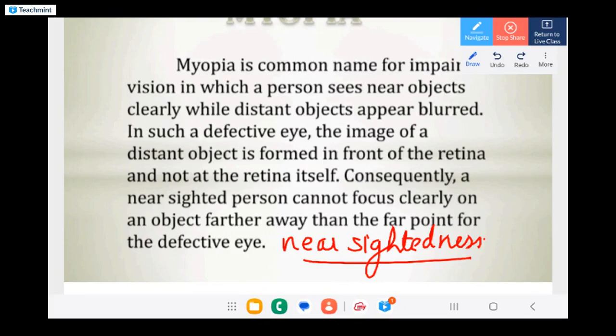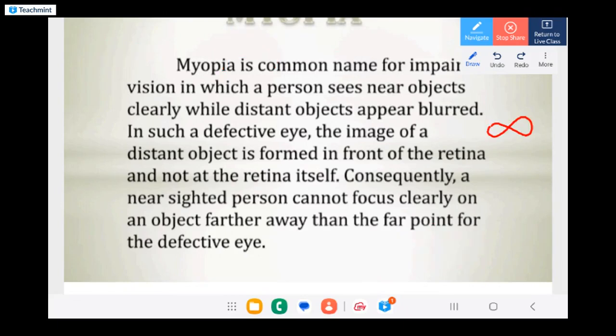So every person will have 2 points. One is called the near point and one is called the far point. There is a far point for a normal eye. We term that as infinity, which does not mean we can see at a very infinite place out of the galaxy.